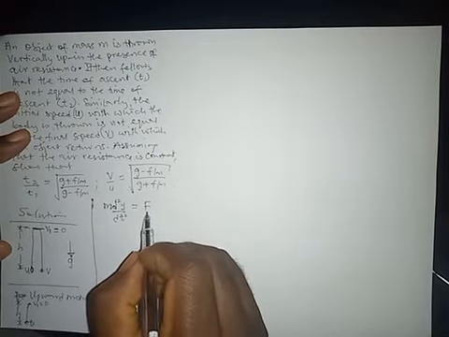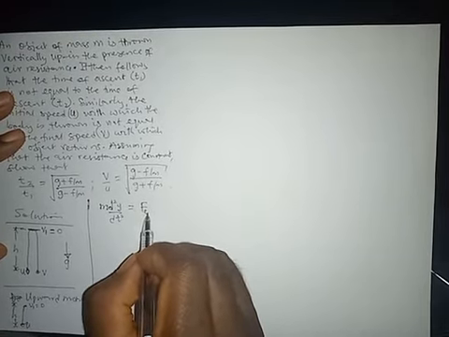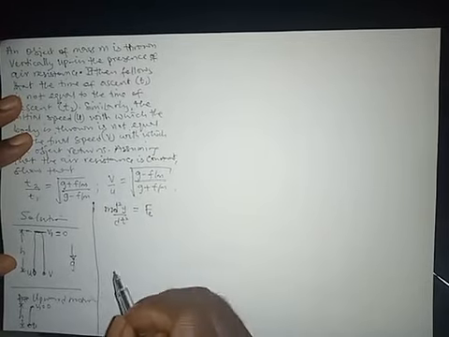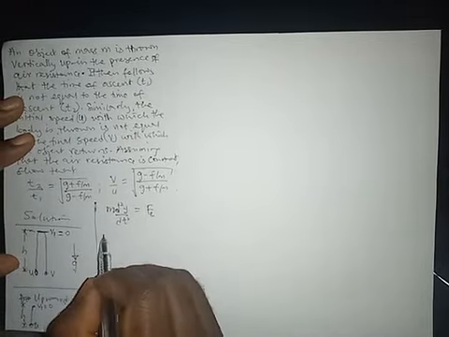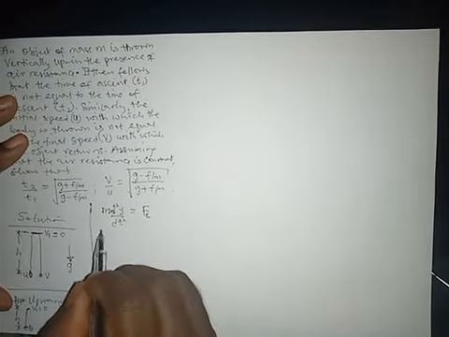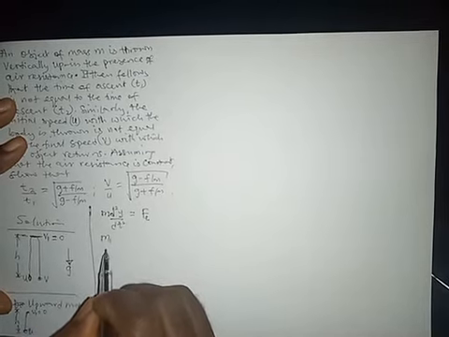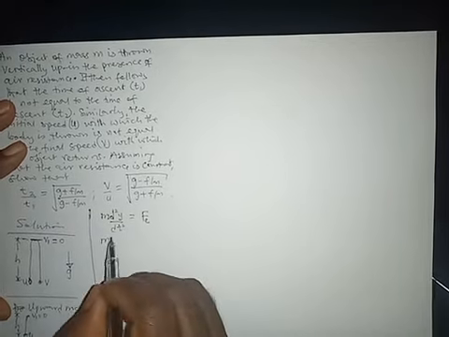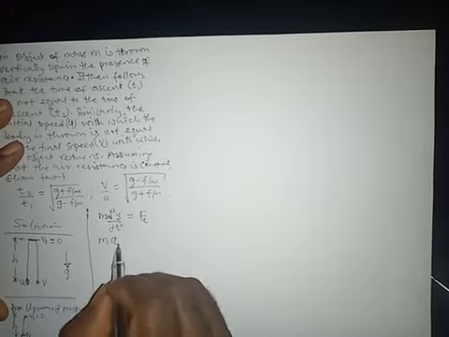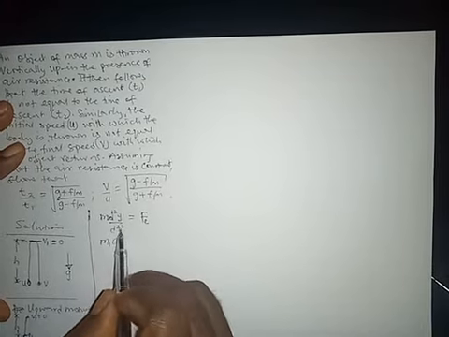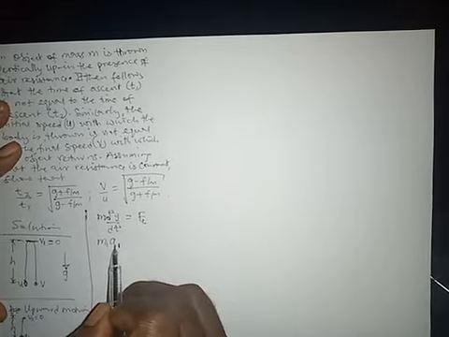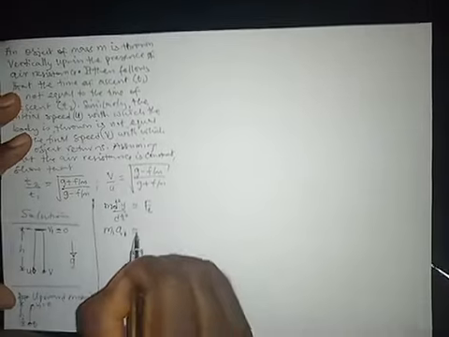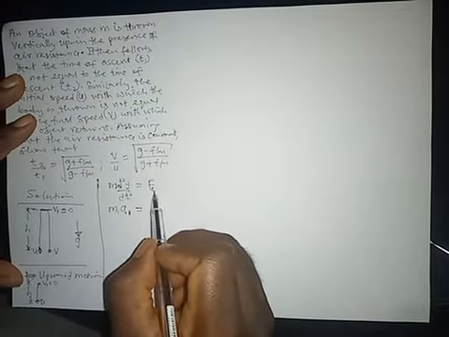Let me write it as F sub E, showing that it is the effective force on the object. Then for this upward motion, we can re-express this to align with the problem at hand. The mass of the object is m. The acceleration while going up, let's say that is a1. The d squared y by dt squared represents the acceleration a1, that is the acceleration of the object while going up. Then this is equal to the effective force.